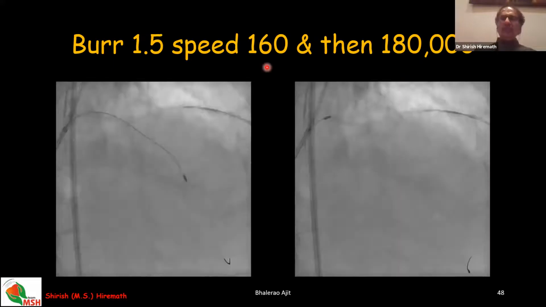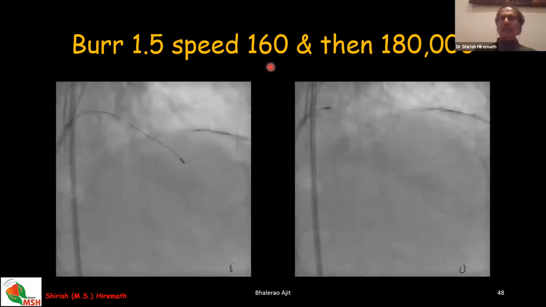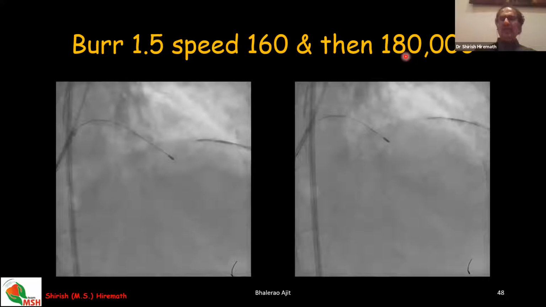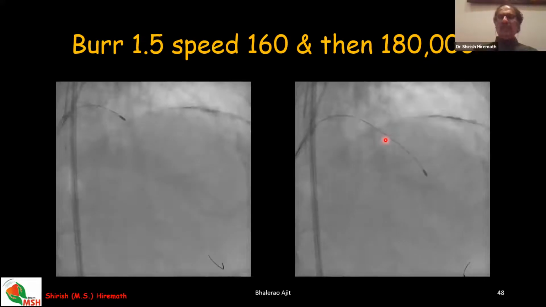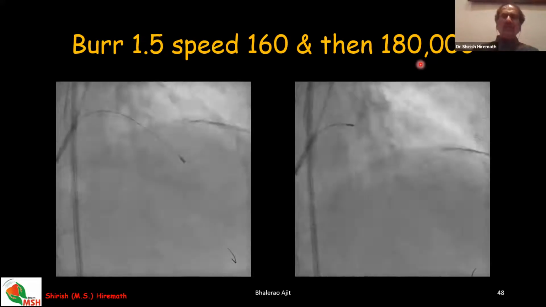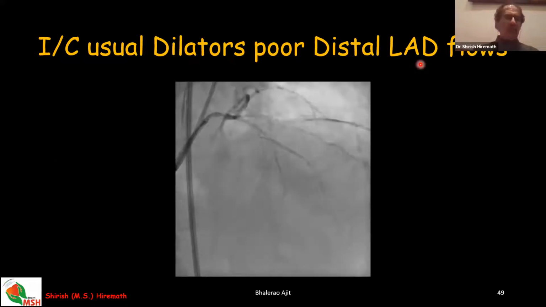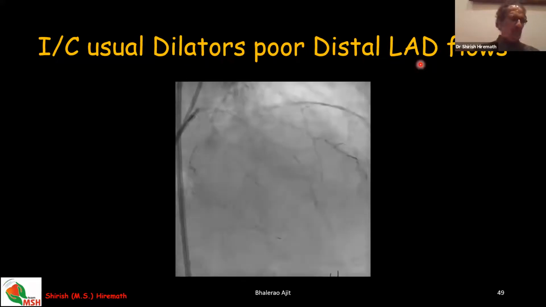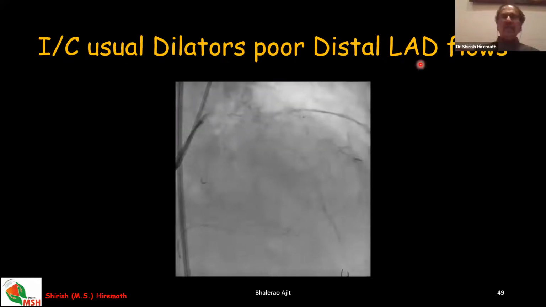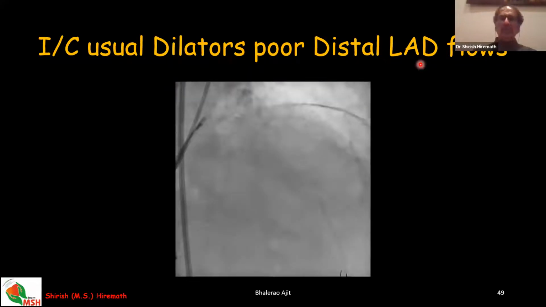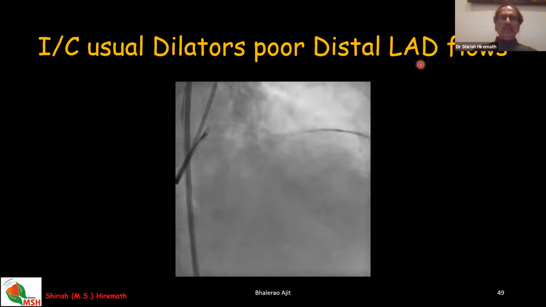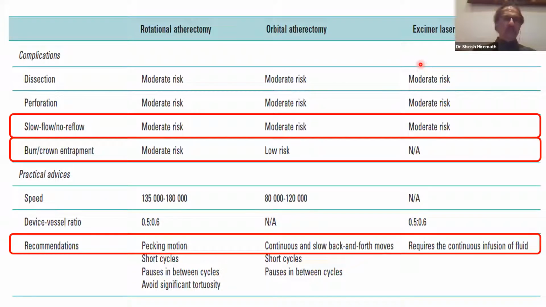So 150, 160 in the beginning, and once you cross, you bring back the burr, and these final finishing touches are done with a higher speed. Always keep injecting dilators when you're using these, and then do whatever techniques that you want to use.